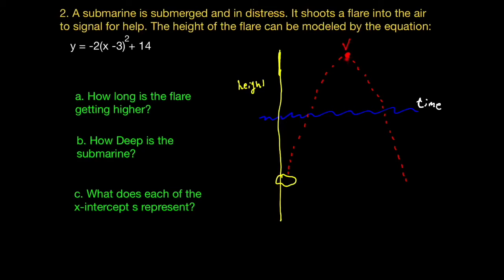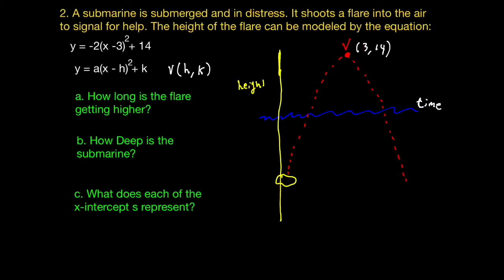And I can get the vertex just by looking at this equation, since we have the form a times x minus h quantity squared plus k. And recall that when we have vertex form, your vertex is the coordinates h and k. For this specific example, that's going to be 3 and 14. So my vertex, I'll label it as 3, 14.